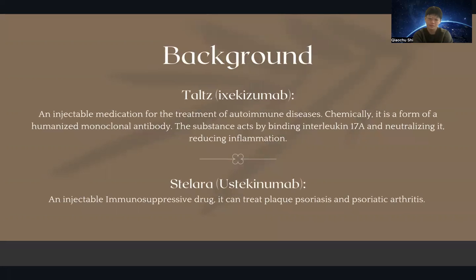It's an injectable medication for the treatment of autoimmune disease. Chemically, it's a humanized monoclonal antibody, and the substance acts by binding interleukin 17A and neutralizing it, reducing inflammation. The third agent is Stelara, an injectable immunosuppressive drug. It can treat plaque psoriasis.